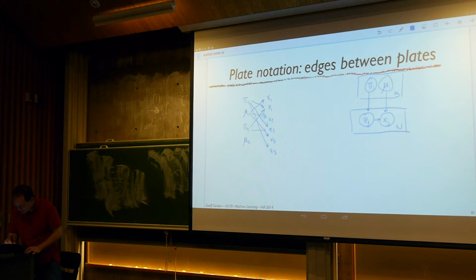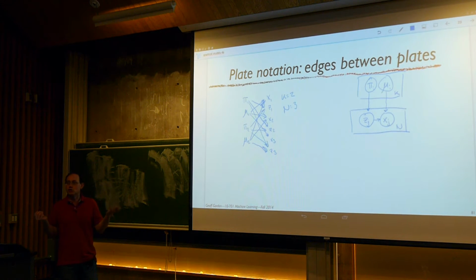You can see, even for this tiny example, this is getting really cluttered. But that's what it's equivalent to if you have k equals 2 and n equals 3. 2 and 3 are very small numbers, and it's already a spaghetti mess. So if you had 100 clusters and 1 million examples, it's pretty clear that plate notation is a good idea.